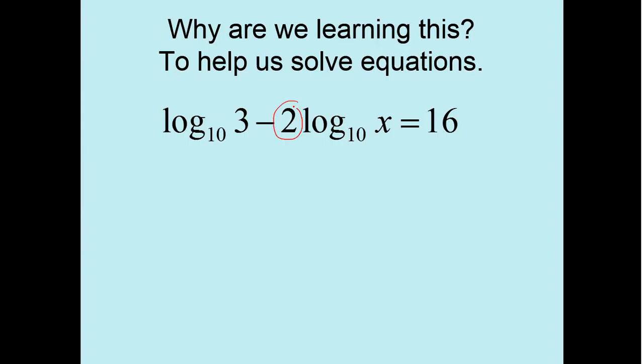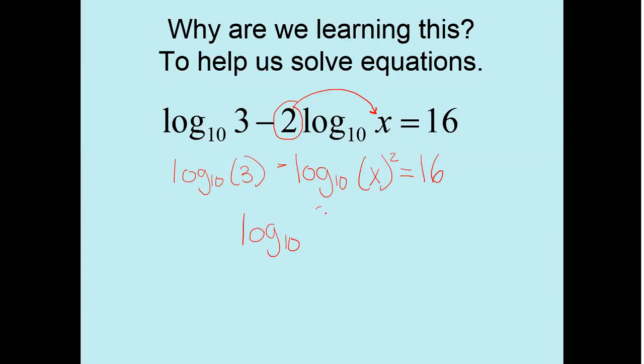So I would take this 2 and drop it, because that's the power rule, right? So I got log base 10 of 3 minus log base 10 of x squared equals 16. Since I'm subtracting, I can make this under 1 log. So it'd be log base 10 of 3 divided by x squared equals 16.